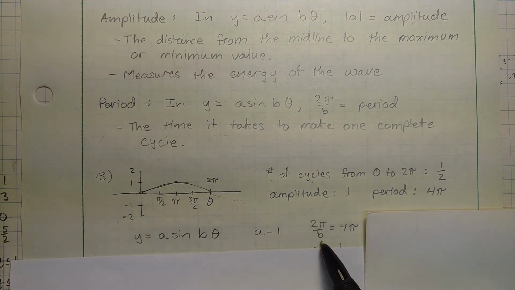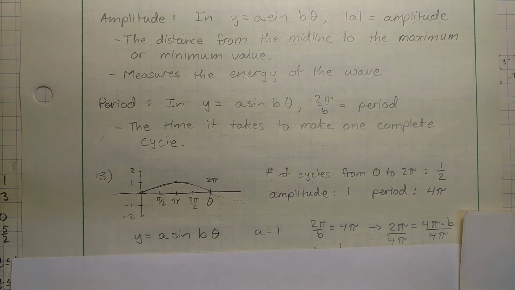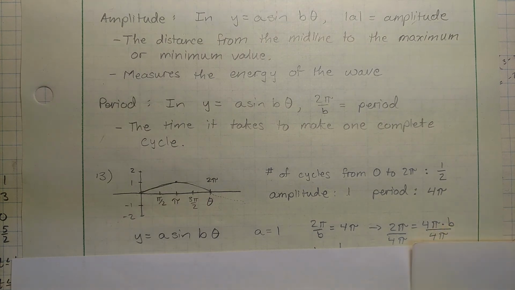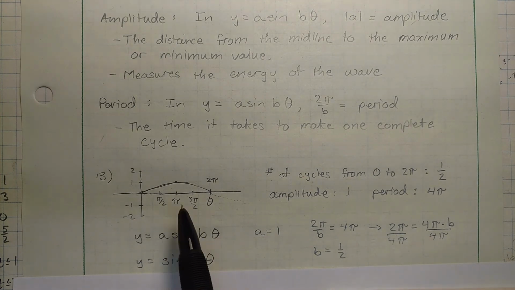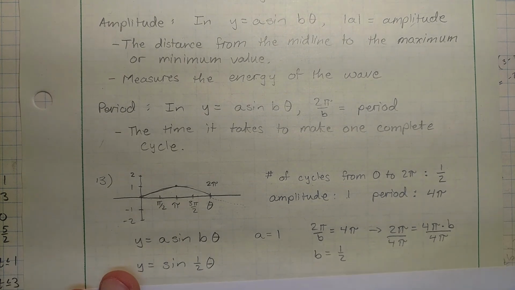So if I solve this for B, multiply both sides by B, or I could think of cross multiplying. So what I did here is multiplied both sides by B and then divided by 4 pi to get B by itself. So when I do that, I get that B is equal to 1/2. So that becomes my equation. The equation for this is sine equals 1/2 theta or 1/2 x. Could think of it either way.